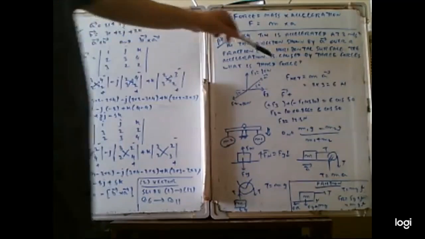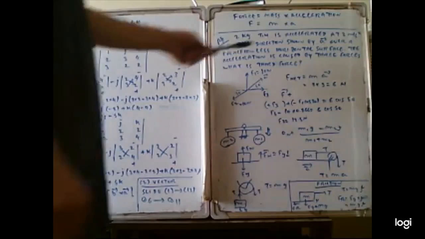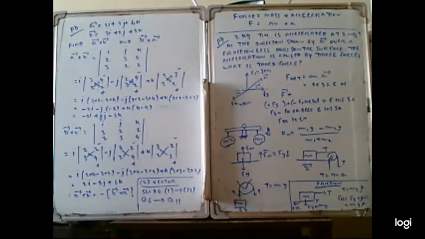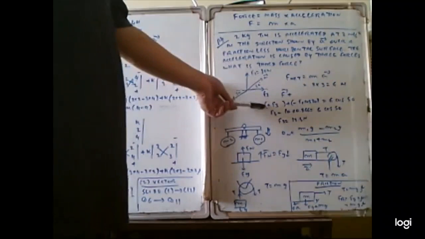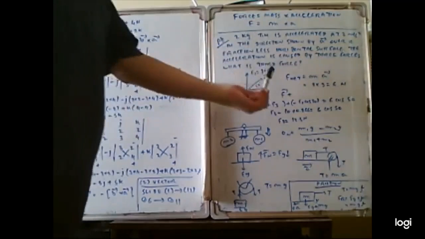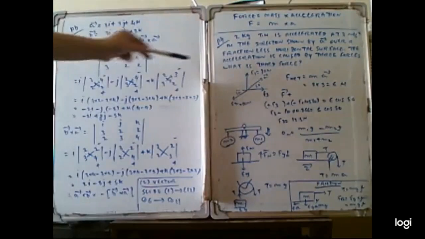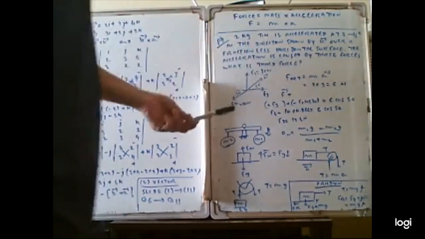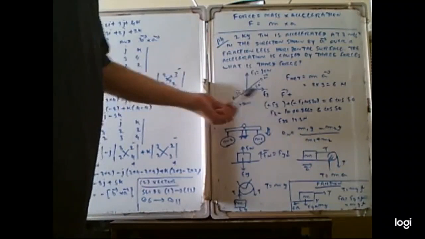Firstly we have to calculate the net force, M multiplied by A. The acceleration is 3 and the mass is 2, so 2 multiplied by 3 is 6 Newton. Then we write down the equations. Going to the right is positive, going to the left is negative. The right direction is F3, and the left direction is F2 cos 30.